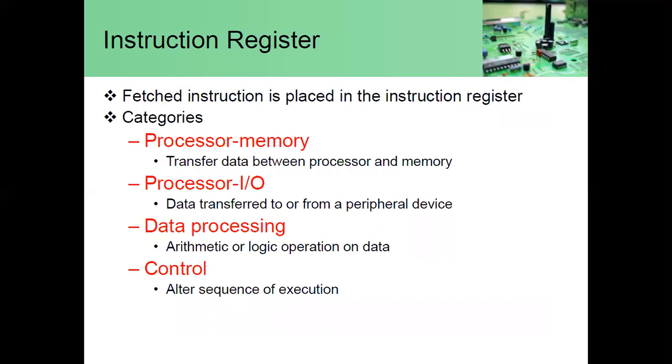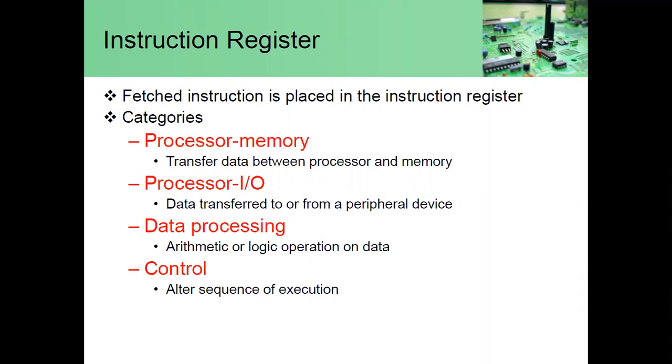Then, instruction register is a very important part when we are talking about the instruction execution cycle. What we want to learn is how the instruction execution cycle works. The instruction register performs a very important role. It first fetches the instruction, and the fetched instruction is put into the instruction register. There are various categories of instructions.